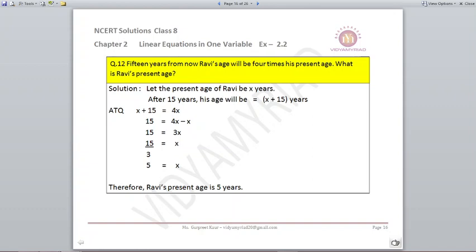This x plus 15 is equal to 4 times the present age. 4 times present means 4 multiplied by the present age. What is the present age? x. So that means 4x. So according to the question, x plus 15 is equal to 4x. So find out the value of x. Ravi's present age comes out to be 5 years.